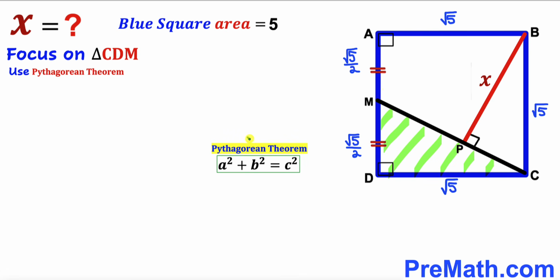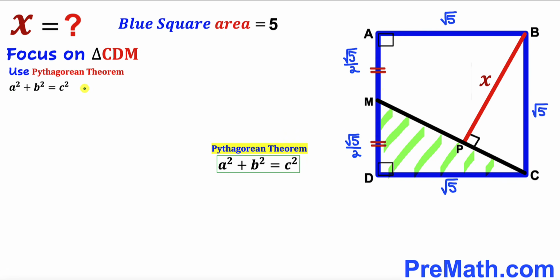Here's our Pythagorean theorem: a squared plus b squared equals c squared. In our case, the hypotenuse is side MC, whereas the two legs are square root of 5 divided by 2 and square root of 5.